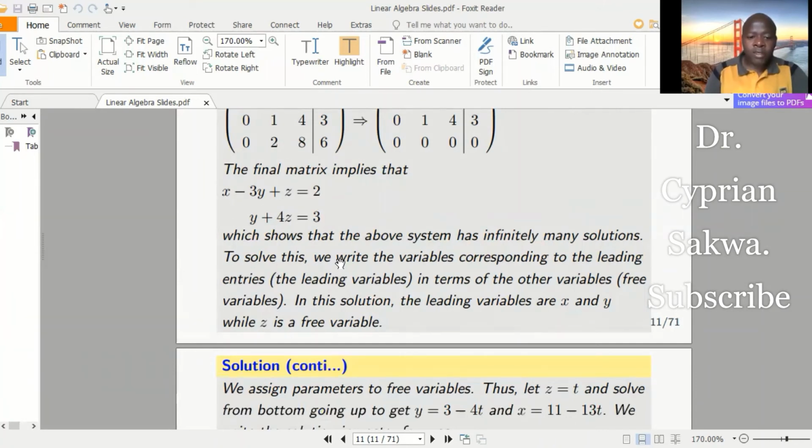To solve this, we write the variables corresponding to the leading entries, in this case x and y, in terms of the other variables, which we call the free variables. So in this solution, the leading variables are x and y, while z is a free variable. What it means is that x should be solved in terms of z, and y should also be solved in terms of z.